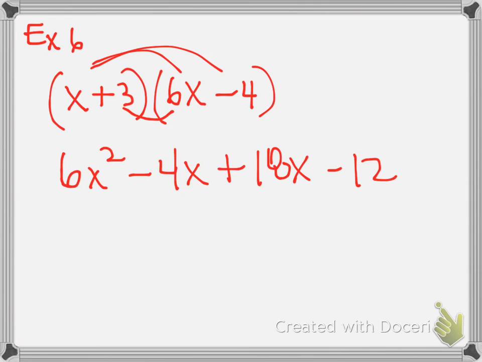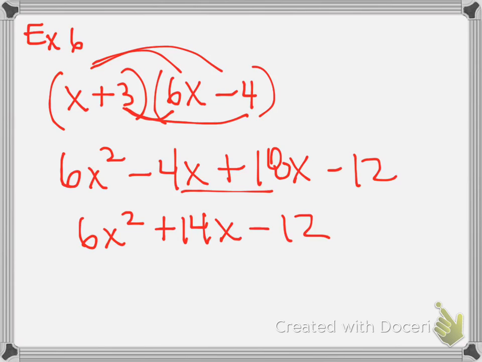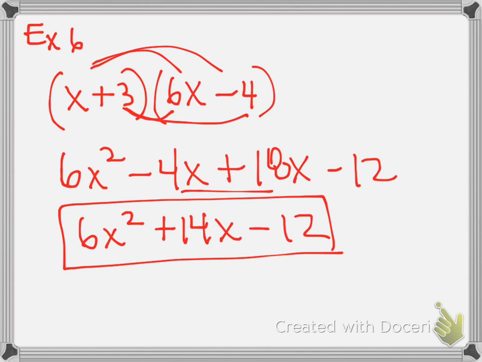So you multiply the 3 by everything, the x by everything, and then the 3 by everything. Combine like terms. There you go.